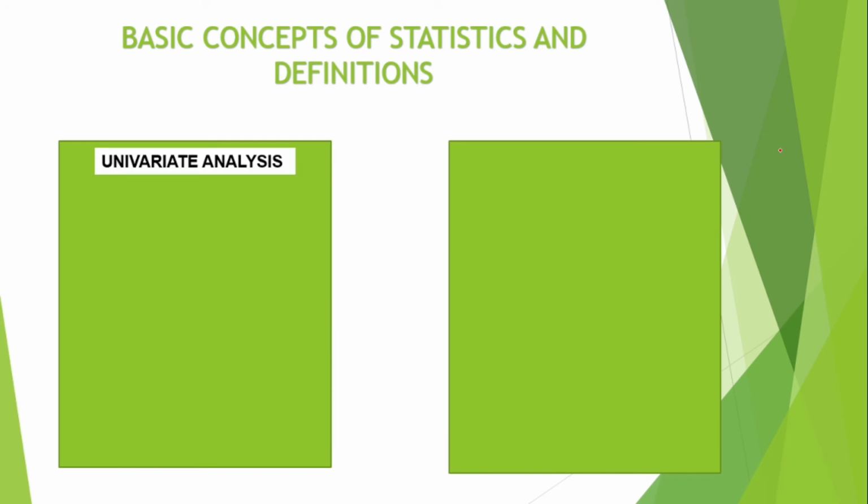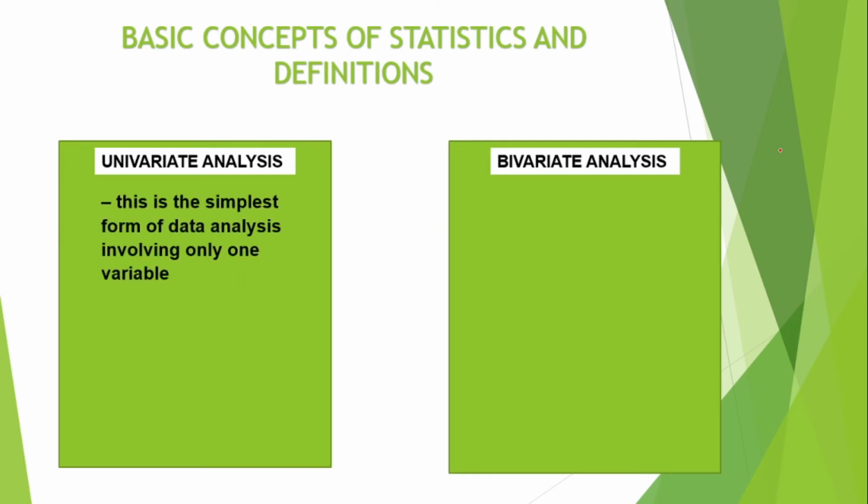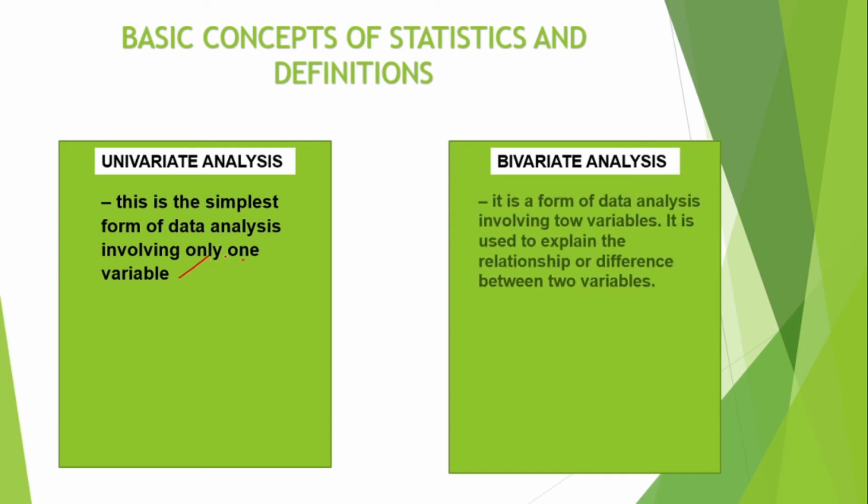So we have the univariate analysis and then the bivariate analysis. What is the difference between them? Univariate analysis is the simplest form of data analysis involving only one variable. Because sometimes, sa research kadalasan there are two variables involved. Pero pag sinabi natin univariate analysis, it involves only one variable.